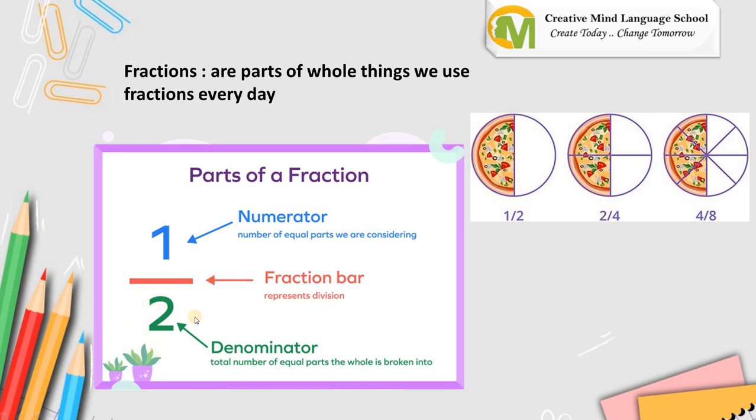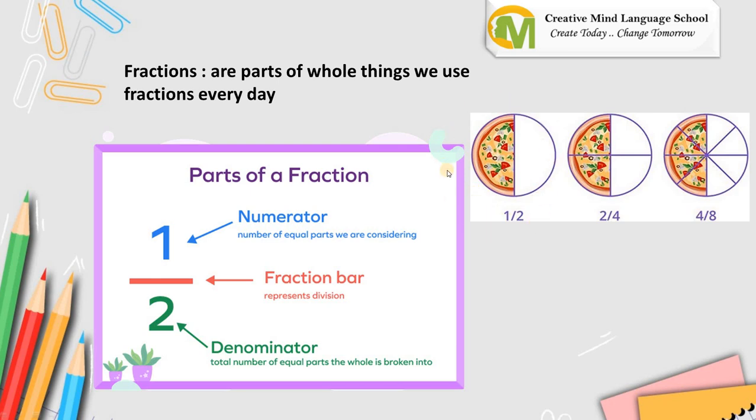And the number down is called the denominator. It represents the total number of equal parts the whole is broken into. The number I write down represents the total numbers we have. And the upper number is a part of the whole, like these fractions.